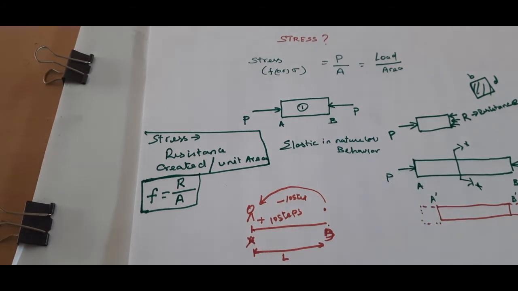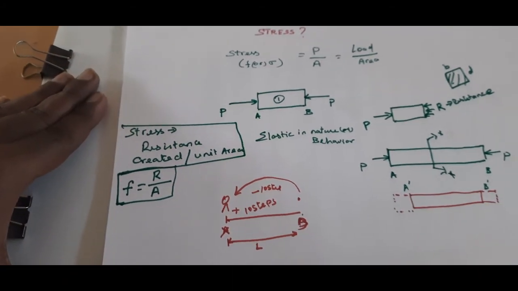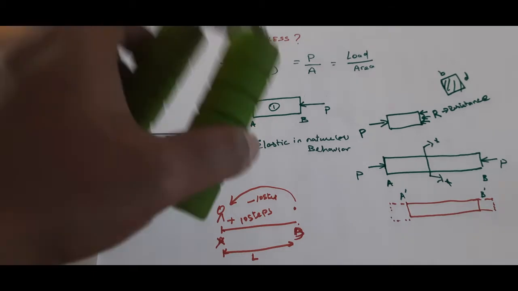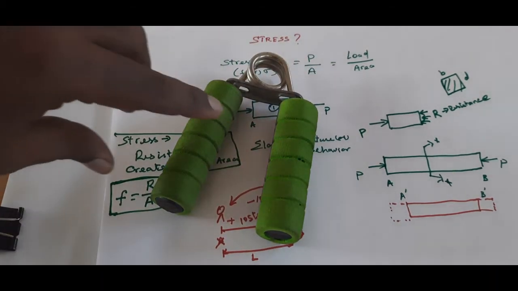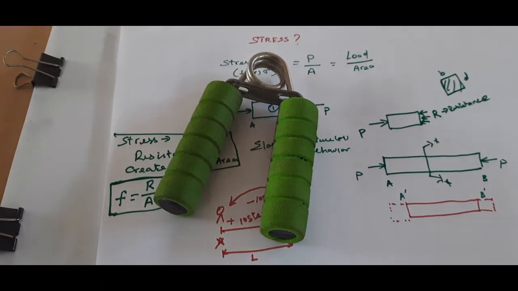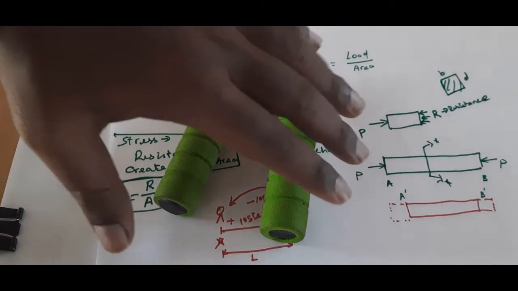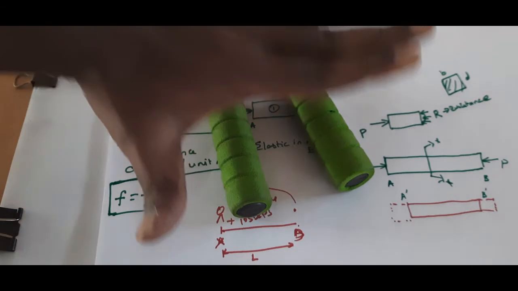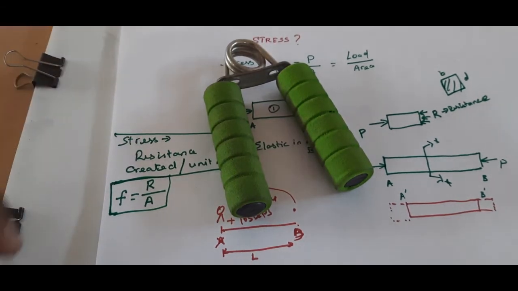In strength of materials, or mechanics of materials, the basic assumption is that the body is considered to be elastic in nature. This is like a spring. When I apply the load, it deforms, and when I release the load, it comes back to its original position.